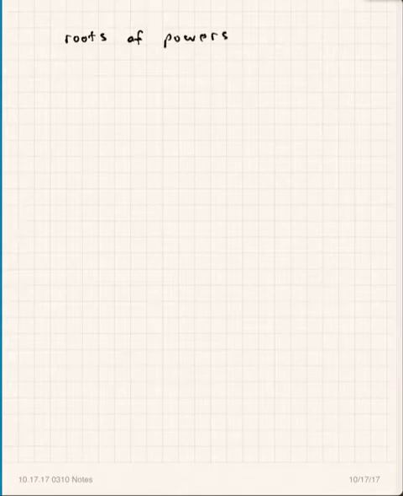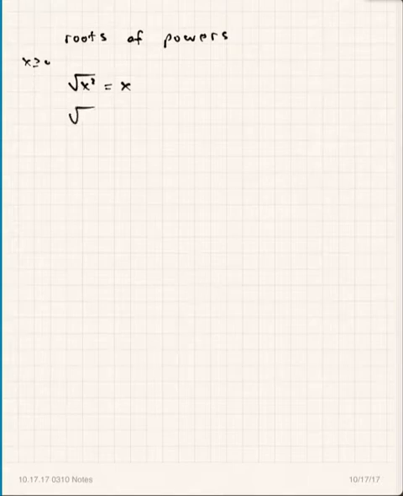So we've already talked about this with square roots a little bit, right? So we've seen that the square root of x squared, as long as x is a positive number, was equal to x. And the square root of x to the fourth power was equal to x squared. And the square root of x to the sixth power was x cubed.